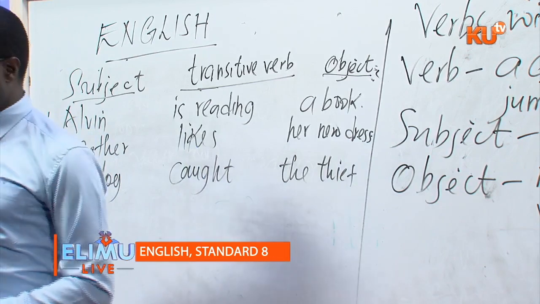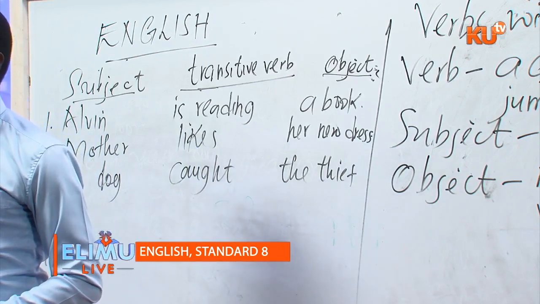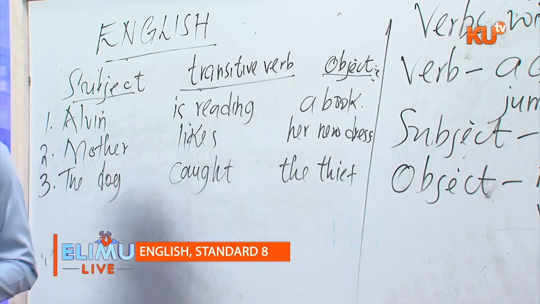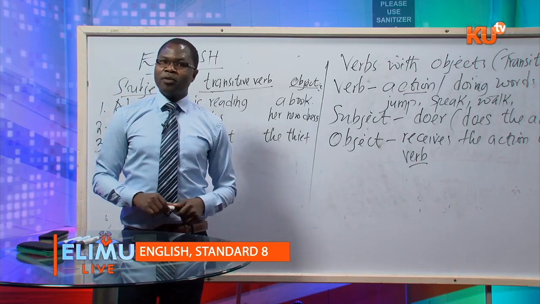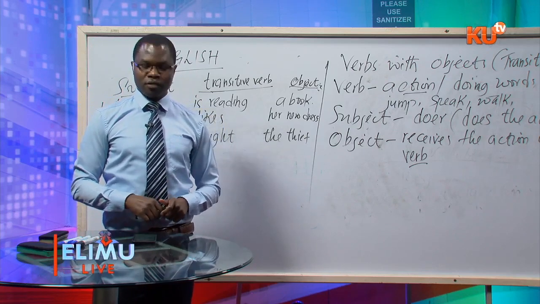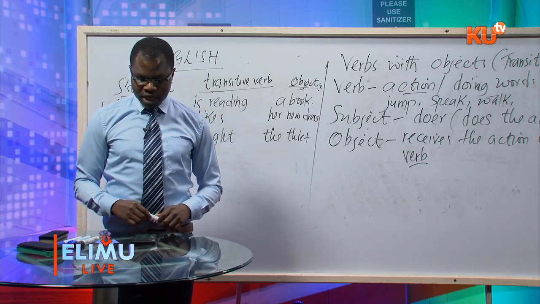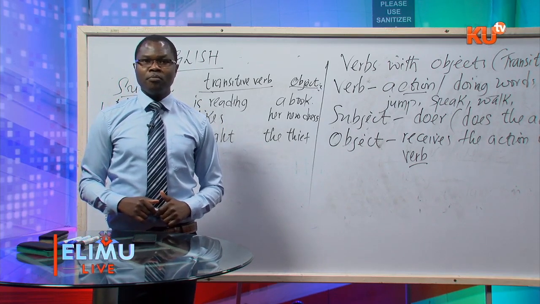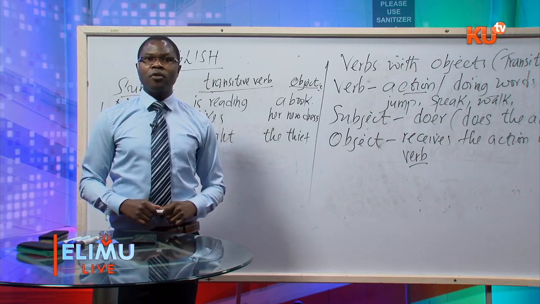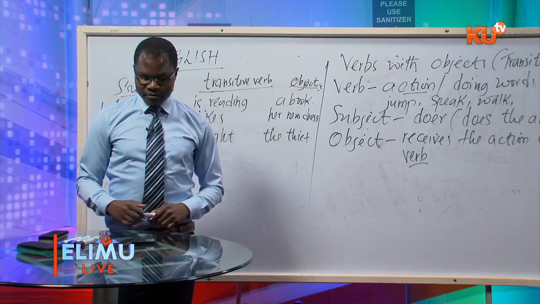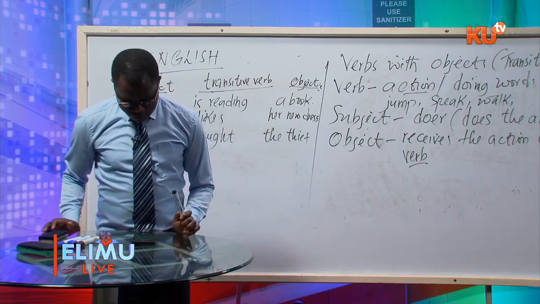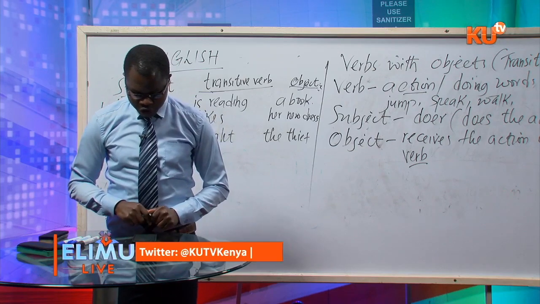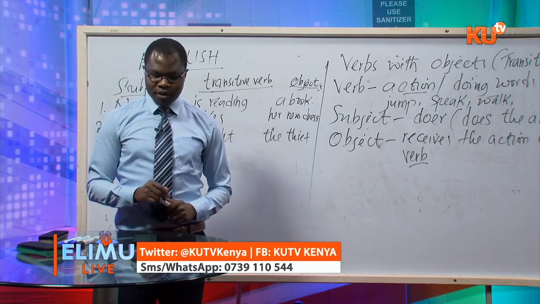In this example, the dog is the subject and the dog is doing the catching. That act is a transitive verb, and finally what is being caught, the object there, is the thief. So those are examples of verbs with objects. In other words, they are also called transitive verbs.